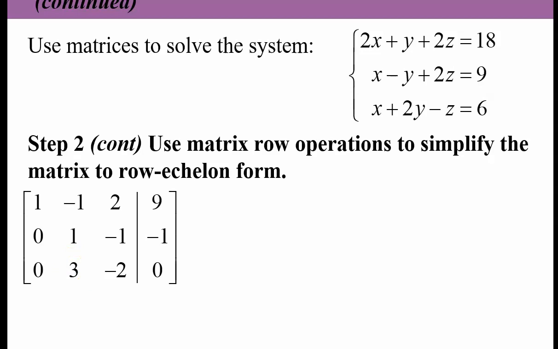Again, they're going to show us, but we're brainstorming here. I'm going to take row 2 and multiply it by a negative 3. Row 2 by negative 3, and then add it to row 3. This is what I think they're going to do. And let's see if I'm right here.